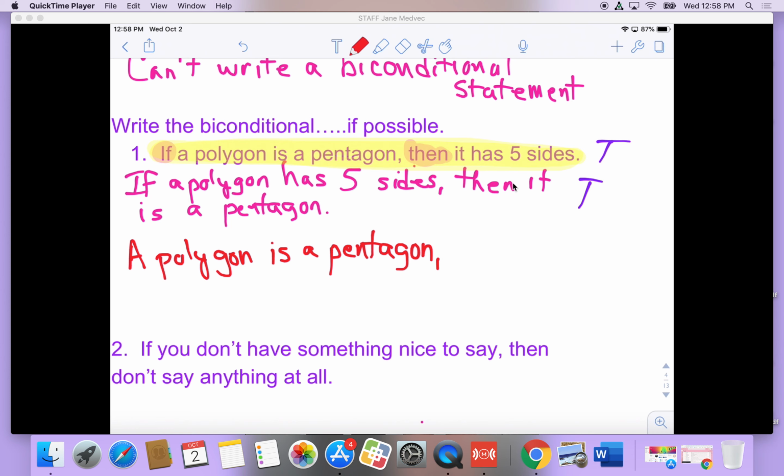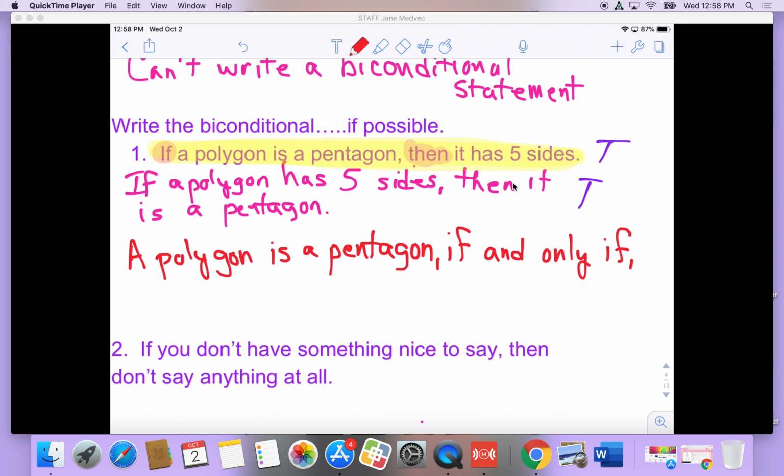Do you see what I did? I took the conditional statement, I took off the if, and I just put a polygon is a pentagon. Then I have a comma, and then right in this area, I'm going to write if and only if, comma. So I took out the then and I put that in.